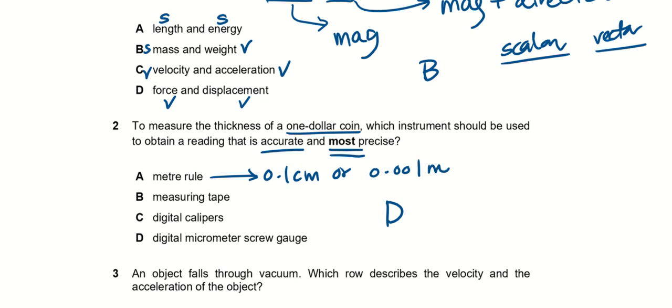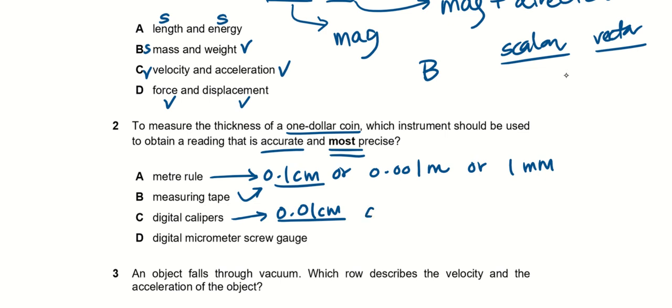Okay, they are the same thing, or 1 mm. For measuring tape, it's the same thing. For digital calipers, will be 0.01 cm. So if you were to compare, it's actually more precise than the meter rule. That means it can measure one more dp than the meter rule.